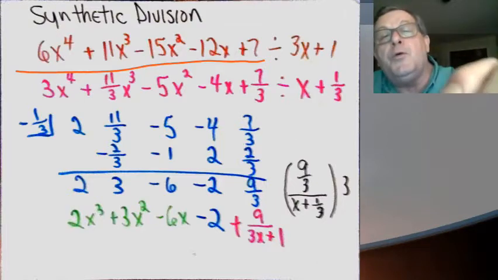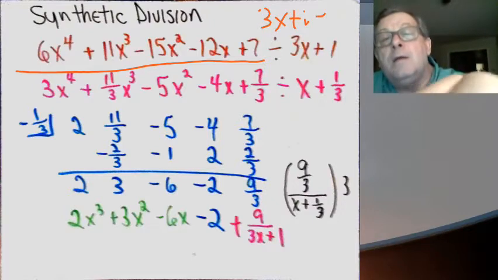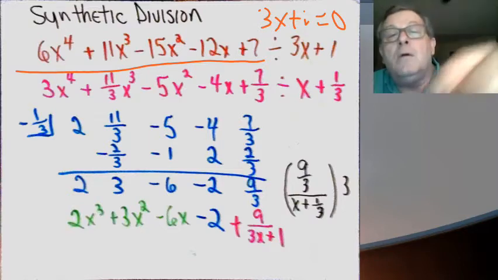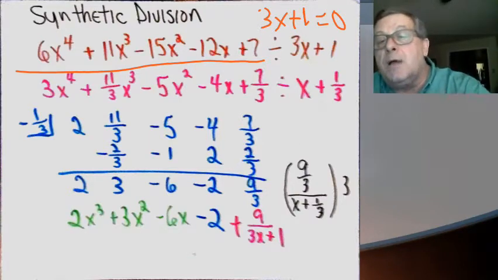So what we're doing in reality is we go ahead and set this 3x plus 1, what we're being asked to divide by, to 0 and solve it. And when we do, we're going to get x equals negative 1/3.